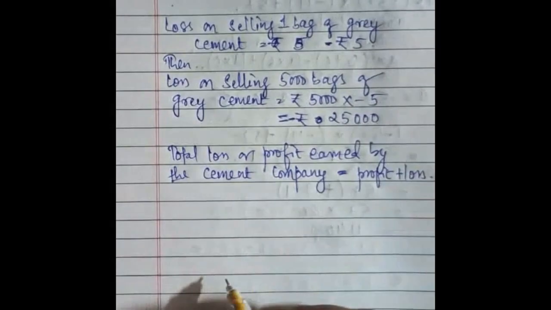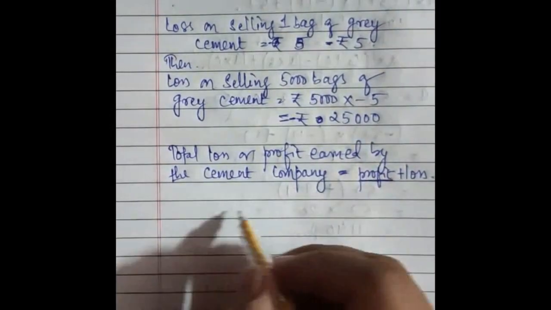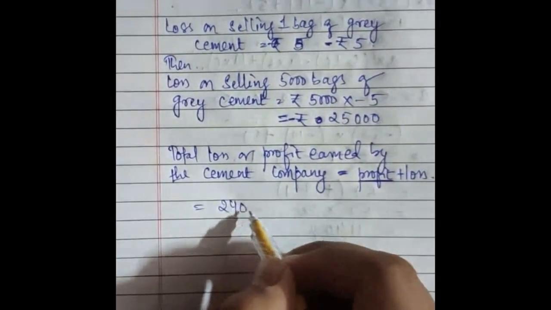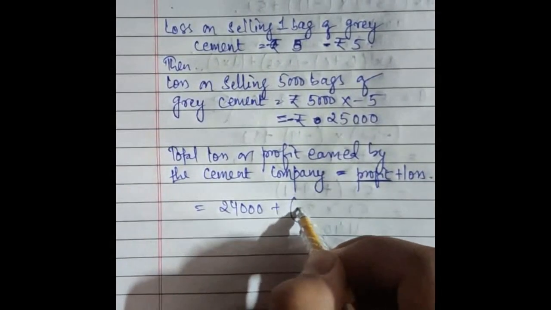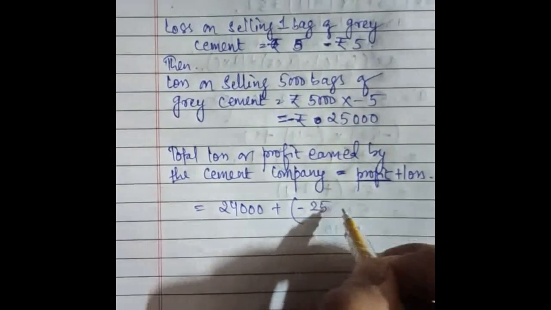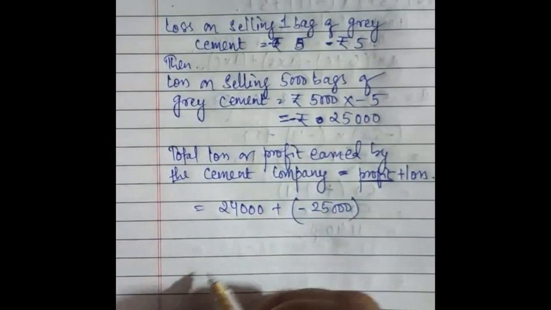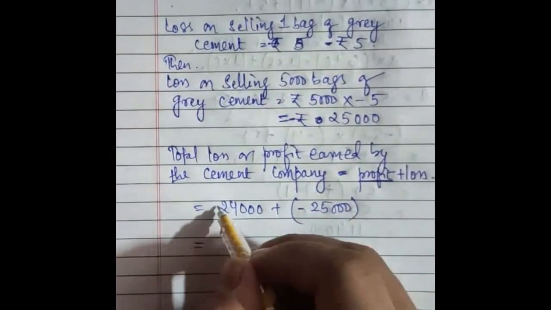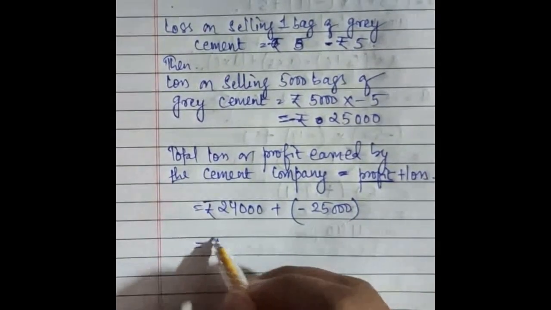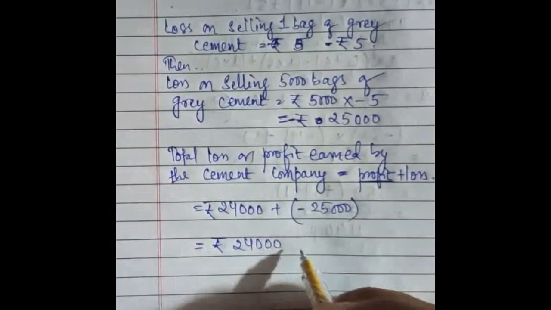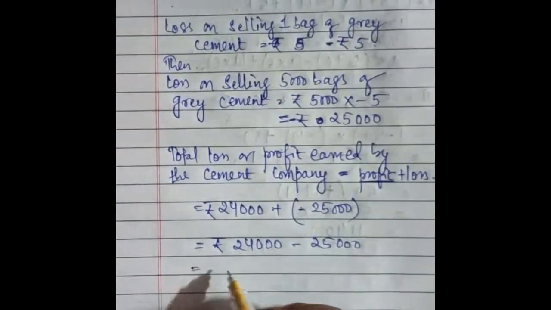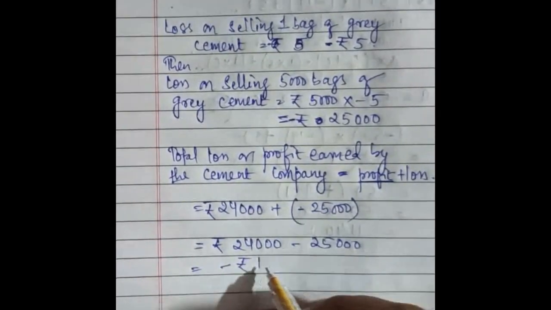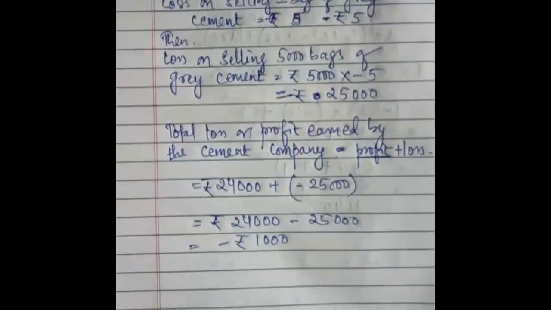This is our formula. So what was the profit we got? We got a profit of 24,000 first, and in the second we faced a loss of rupees 25,000, right? So our answer is 24,000 plus minus 25,000, which is minus 1,000, right?